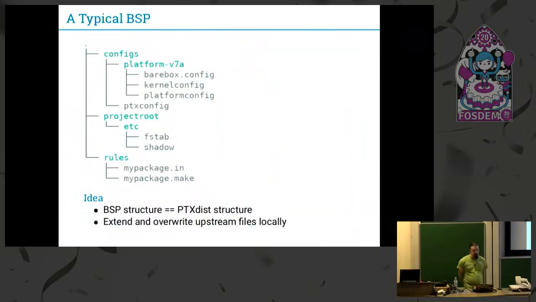This is also what a typical BSP looks like on the file level. You have one folder, configs, in which you have the ptxconfig, which is what gets selected in the menuconfig. This is basically the kconfig configuration from which the menu is generated. And in it, you have a platformconfig, which is everything you select in the platform config.